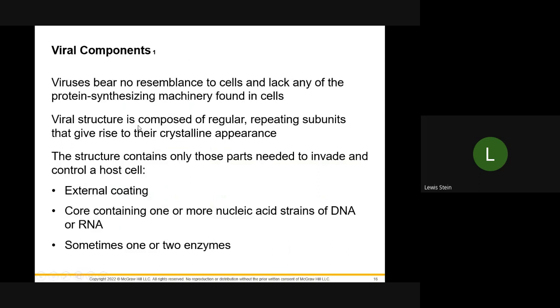Viral structure is composed of regular repeat units. So the capsid has identical protein units that form in a particular shape. They're called capsomeres. And when we get to the one I said was isometric because everything looked the same, it's really surrounded by a series of equilateral triangles that each have 20 of those capsomeres, and it is called an icosahedron.